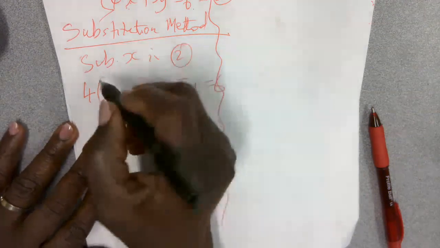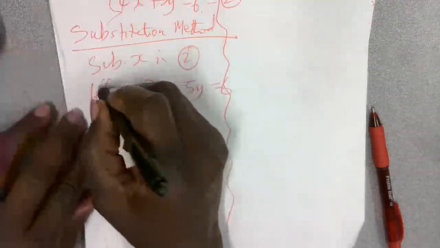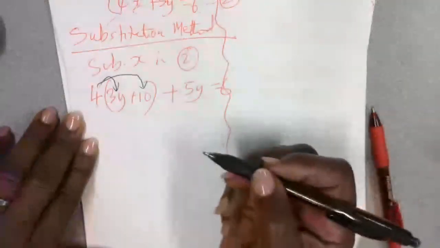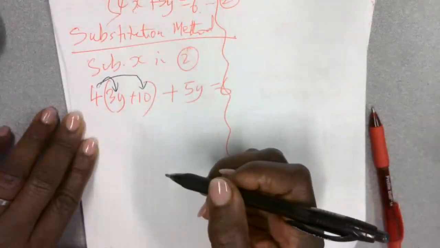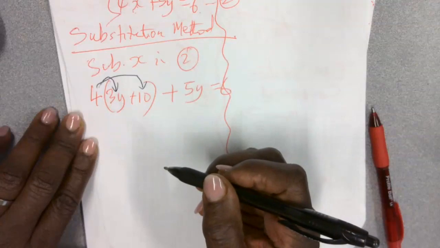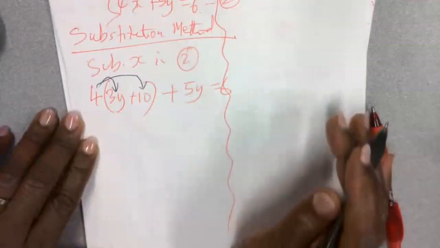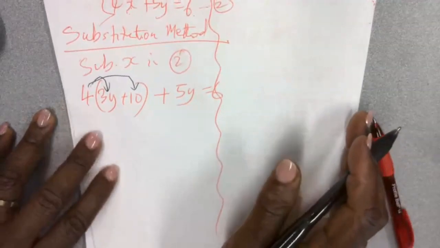All right, so distribute. The person online, can you see? Are you following? Jemiah? Yes. Okay, can you follow? Yes. Okay.